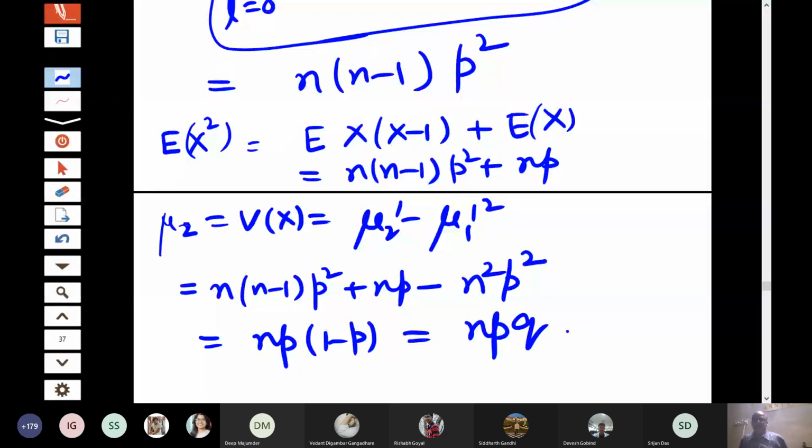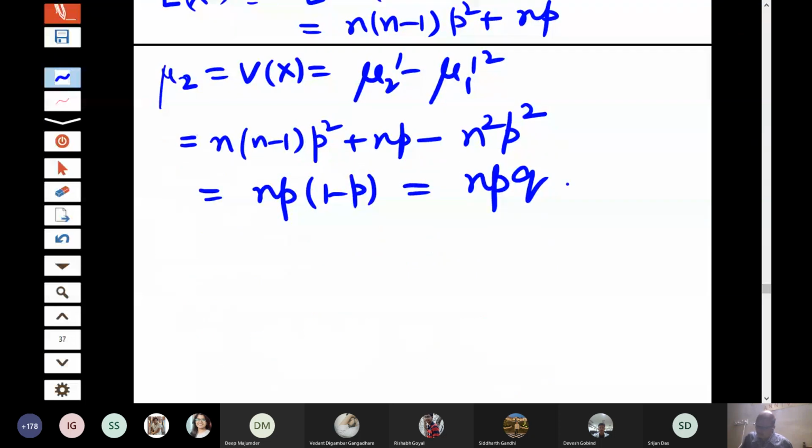So now I have already given you the idea how to calculate the higher order moments here. You will have to calculate higher order factorial moments, use them to calculate the higher order non-central moments, and then use them to calculate the higher order central moments. Because suppose I want to calculate the measures of skewness, kurtosis, etc. So let us look at this mu3.